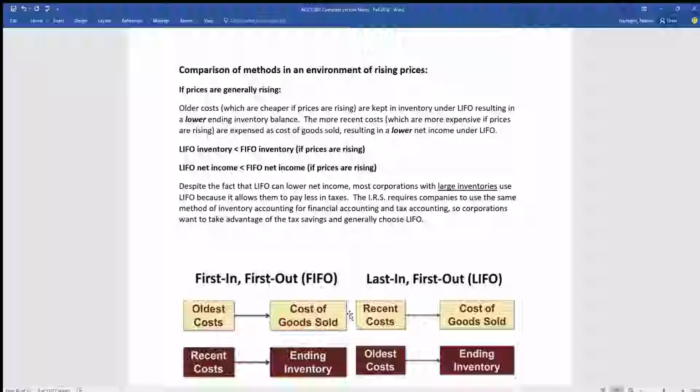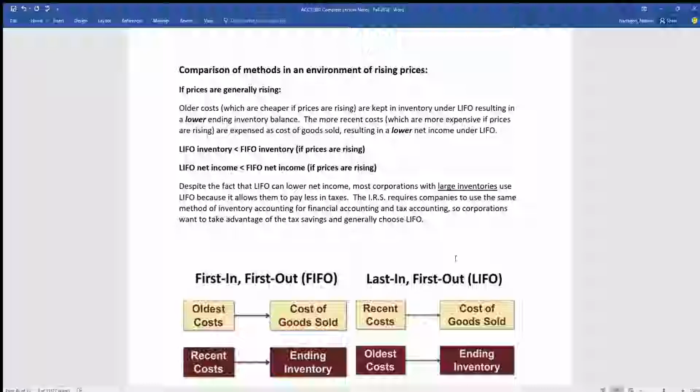The one thing here is that the IRS and the government says you must choose one of these inventory methods. You must keep that inventory method. I can't go year to year, so I can't go in 2018 and into 2019 and say I want to change because the other one gives me the better option. No, you have to keep it the same.